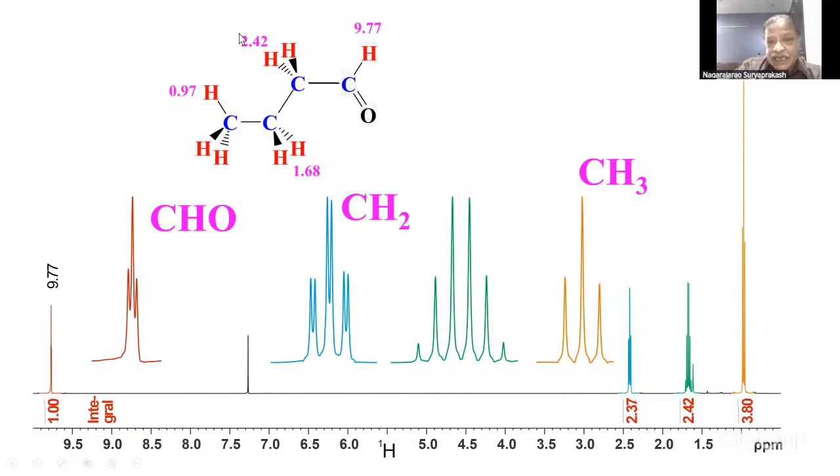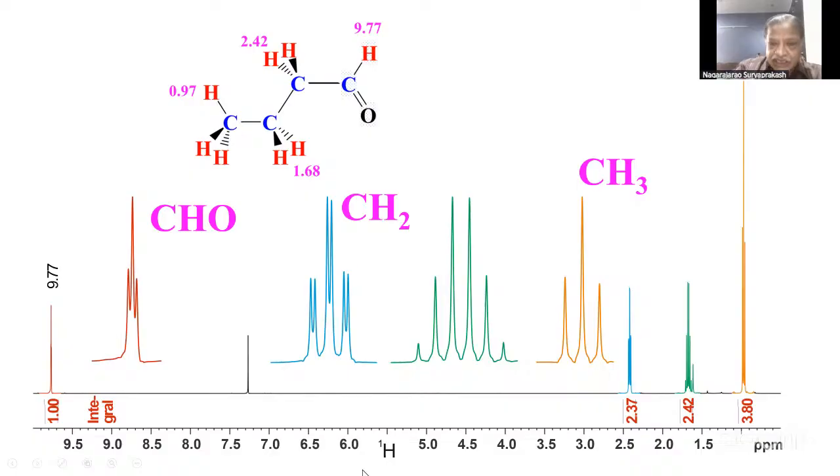And each line of the triplet is split into a doublet because of this proton. And you can find out this separation and this separation should be identical. That's why I safely say this colored CH2 is nothing but this CH2. I can interpret it. Then this is called a triplet of doublets.